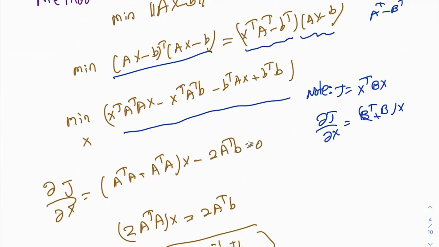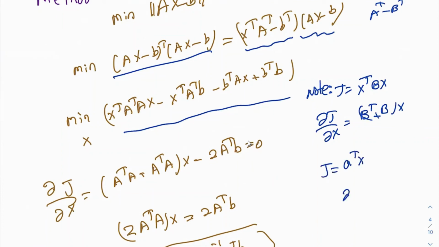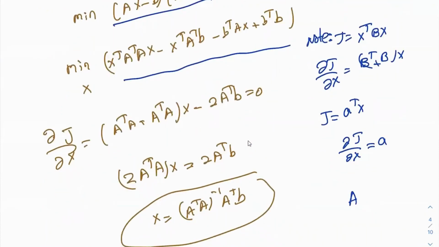The second one is that if you have J equal to a transpose x, where a is a vector and x is a vector, then the derivative of J with respect to x is a. Now remember here we get B transpose plus B. But if B transpose is equal to B, meaning B is symmetric, then we get 2B. So here, A transpose A is a symmetric matrix, since the transpose of A transpose A is equal to A transpose A.